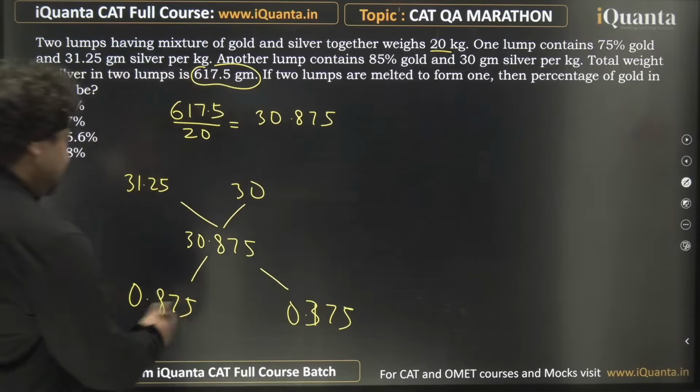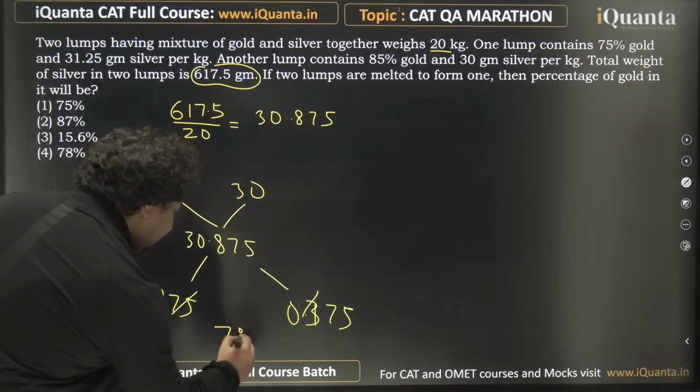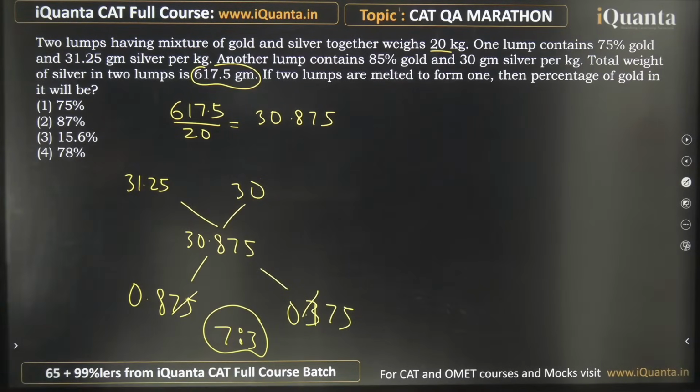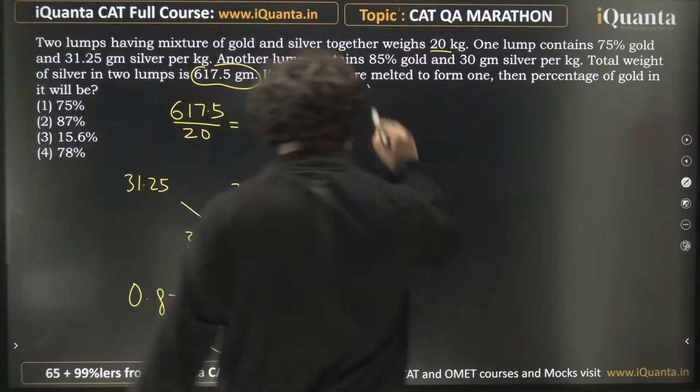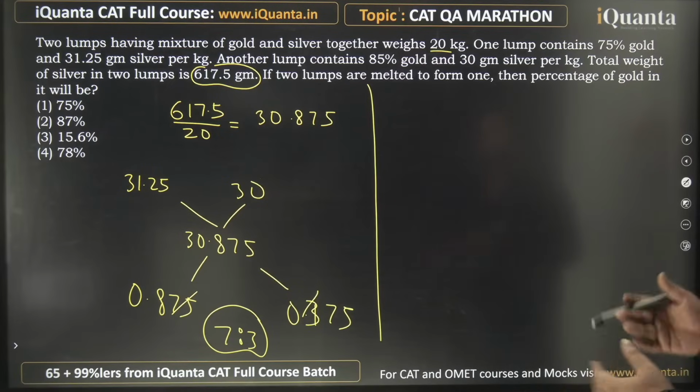Okay. So the ratio, if you cancel it out, you will get 7:3, isn't it? So the ratio is 7:3. I hope that is fine to all of you. Cool. So now the ratio is 7:3 of the two lumps. I hope it is clear to everyone.